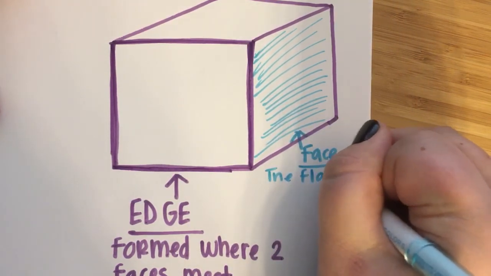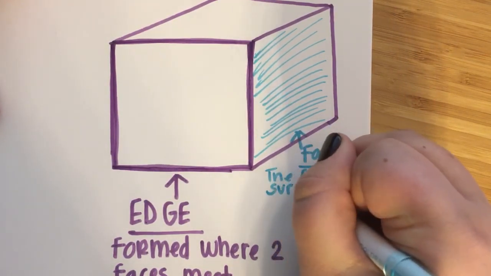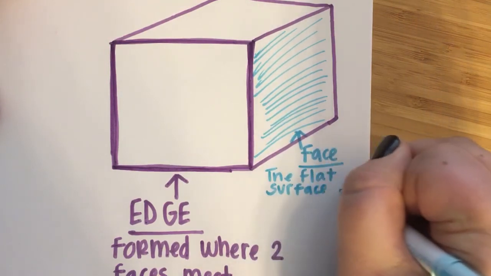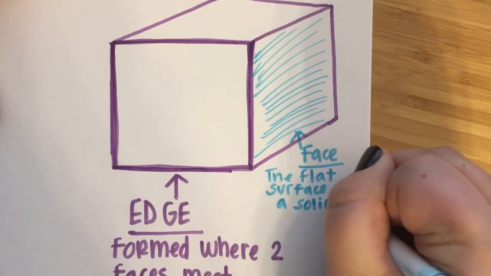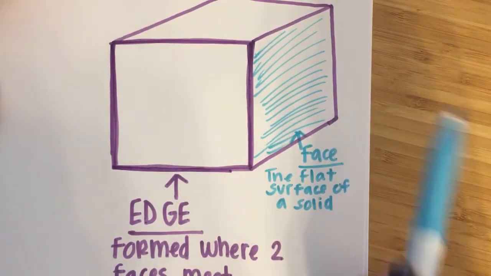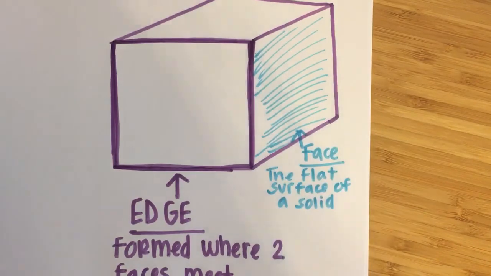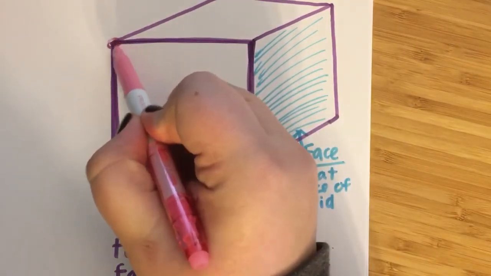But when we're looking at the word face, you might think of your face on your face. I guess it's hard to say. Okay, similar. That's a good way to remember the word, that it's that part that we can see.